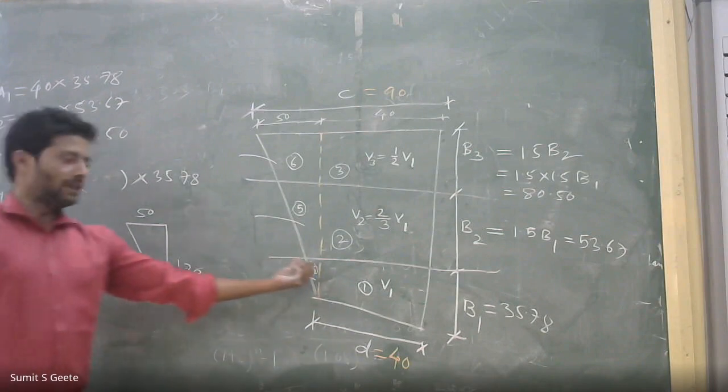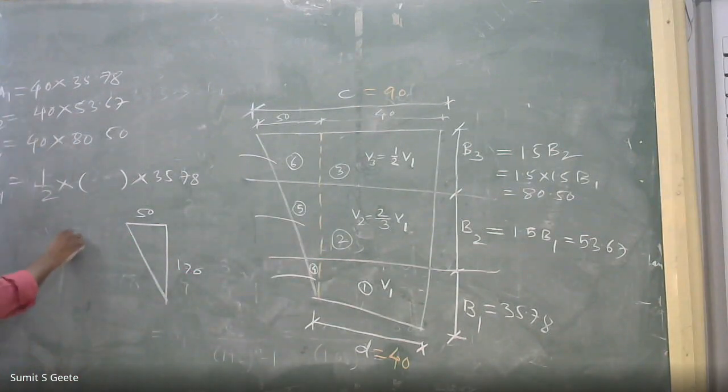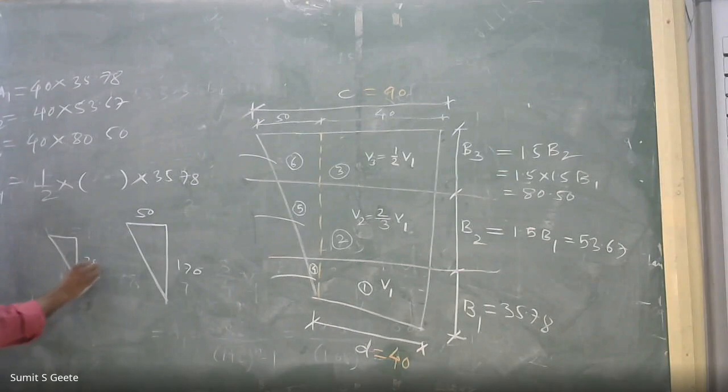Now, we calculate this. So the vertical distance is 35.78. So this is x.